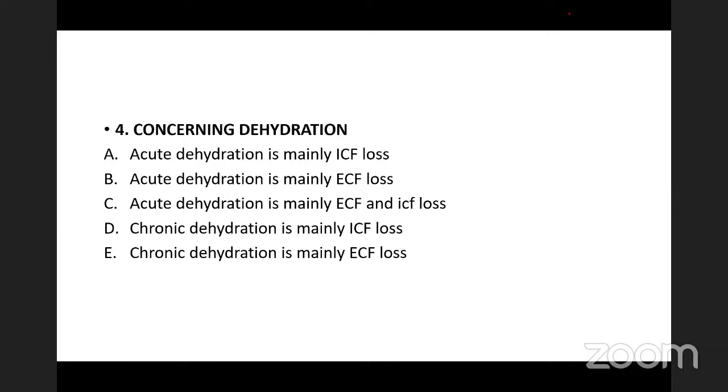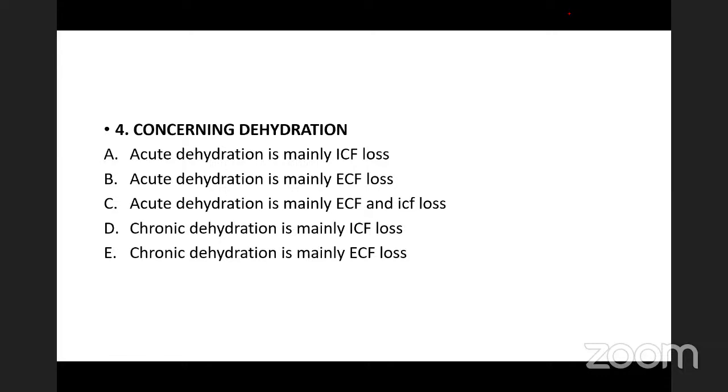Now, about dehydration, you should know that when patients suddenly lose fluid acutely, that fluid loss is mainly from the extracellular compartment.